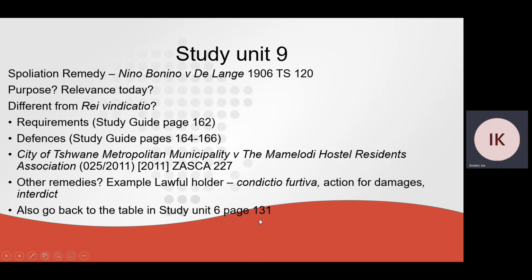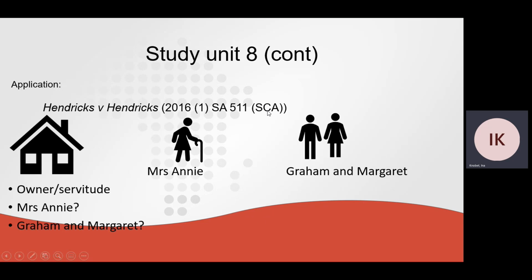So if we go back to the example of Mrs. Annie and Graham and the Hendricks case, remember I said earlier that Mrs. Annie was a lawful holder. So if ever Mrs. Annie needed to use the interdict or institute the interdict, even though she wasn't the owner, she would also have been able to use that.